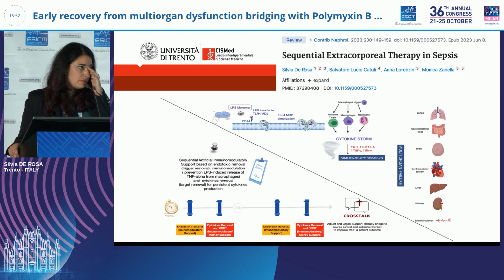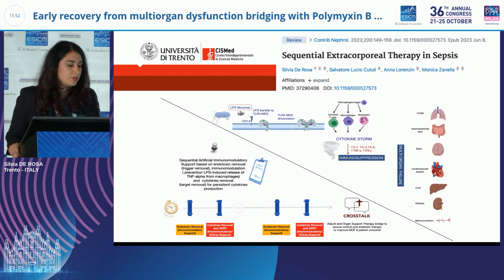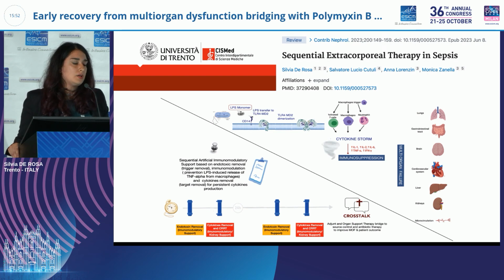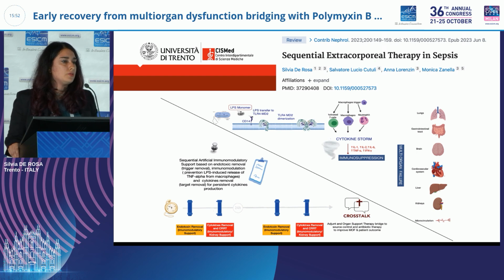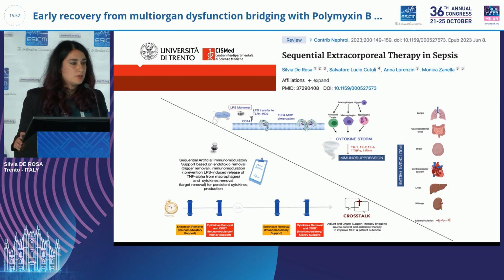If we have endotoxic shock, we have a high increase in LPS, so we have to apply extracorporeal HemoAdsorption targeting LPS, and after, if our patient has renal failure, we can keep going and support in a sequential way, because what we want to do is to restore organ crosstalk.